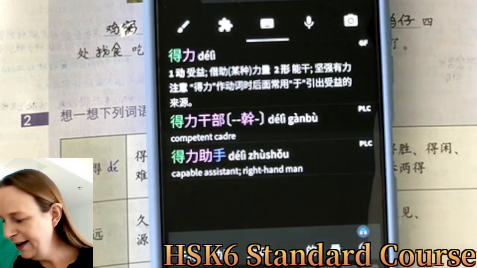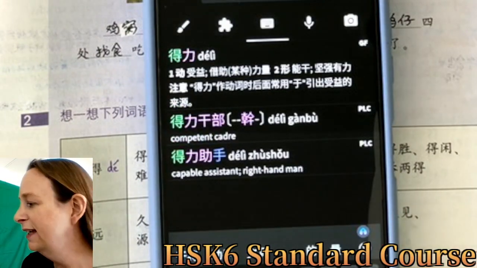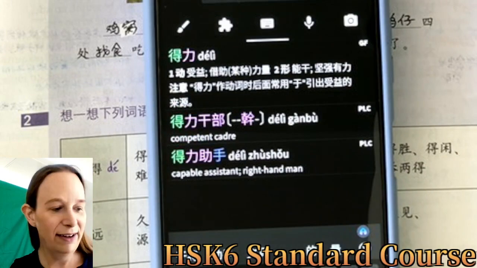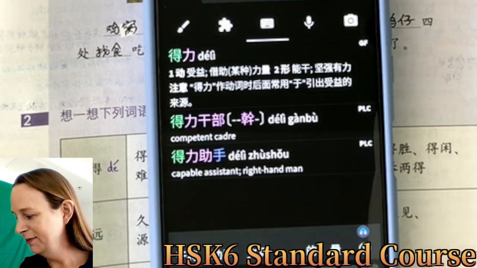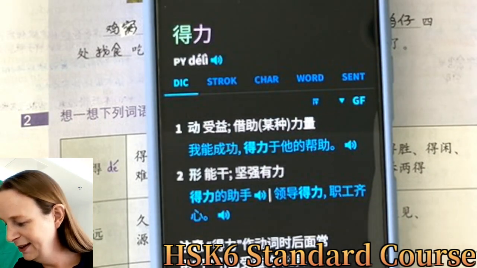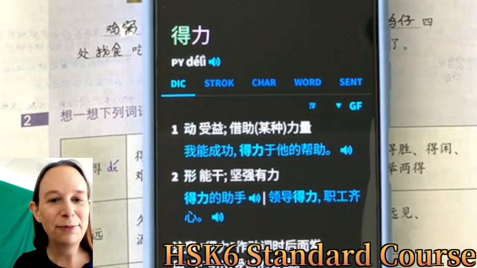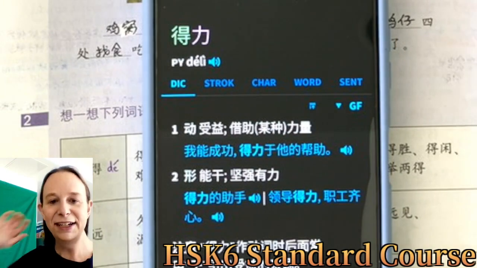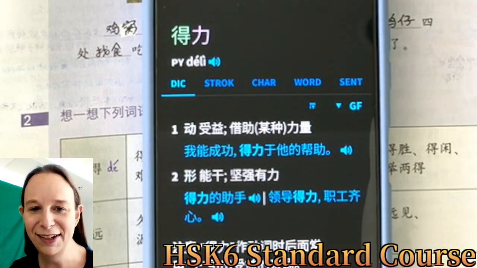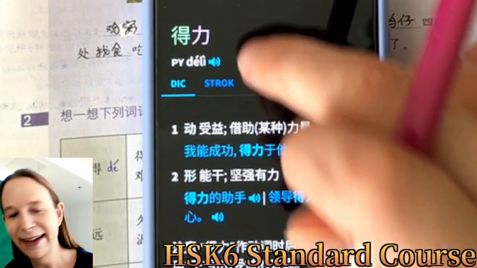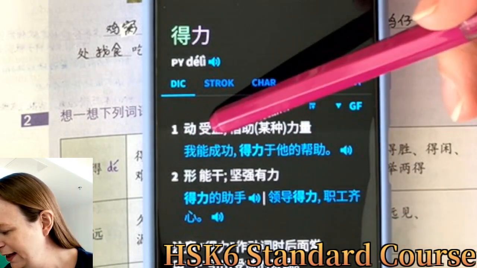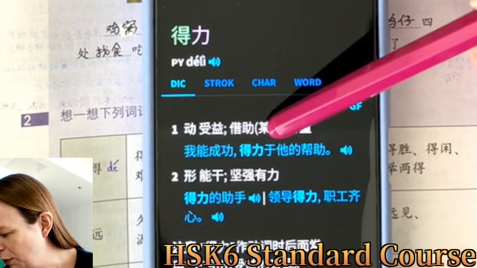Actually, where do I see this character? This is a brand name as well, 得力. Like a stationery brand, I think. I don't know, we'll look it up. Yeah, it's the name of something. I see this character all the time, this word all the time. I think it's stationery. I think they make stationery. And they name their company this. 受益, 借助某种力量.